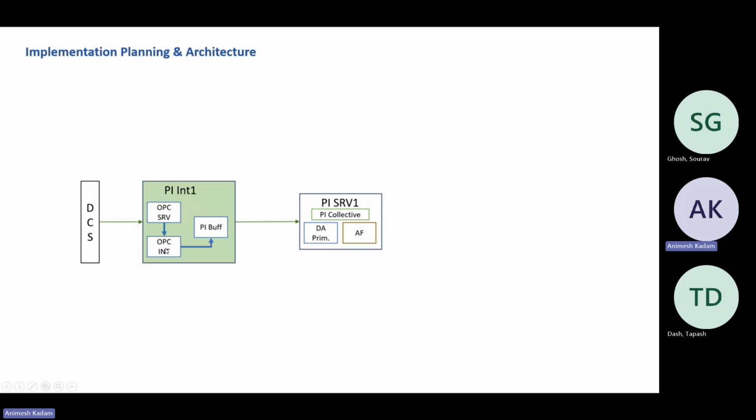So to prevent the data loss, because the interface will only pull the current value available on the OPC, in this case the OPC interface will pull the information from the OPC server and send it to the buffer subsystem. If the connectivity is lost, the buffer subsystem will store the data till the connectivity gets established.